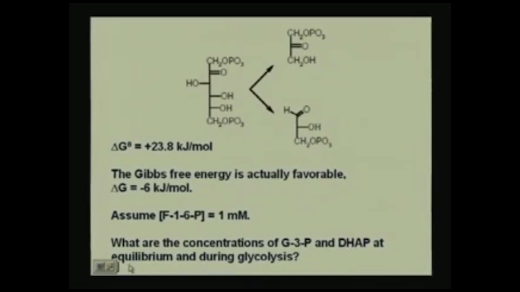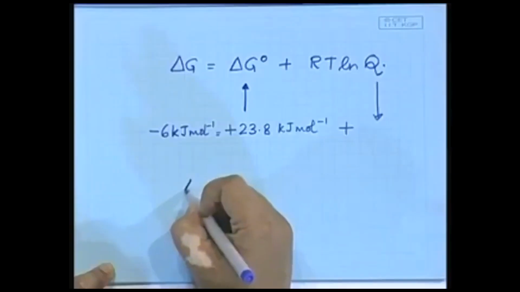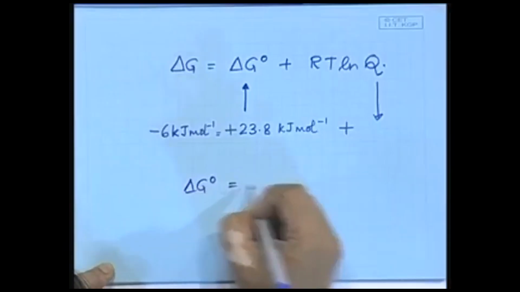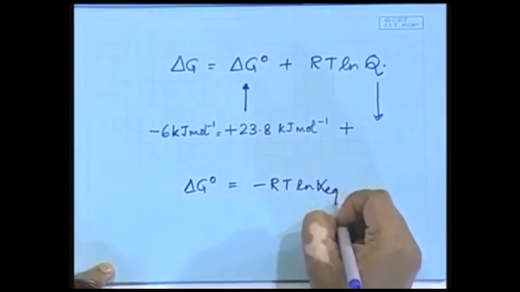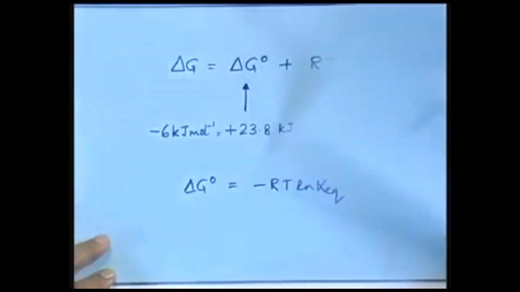How can I do that at equilibrium? It will just be the equilibrium constant that I get from the delta G0 value. What do I get from the delta G0 value? I forgot to write a minus in the first one. I don't know if you pointed it out.